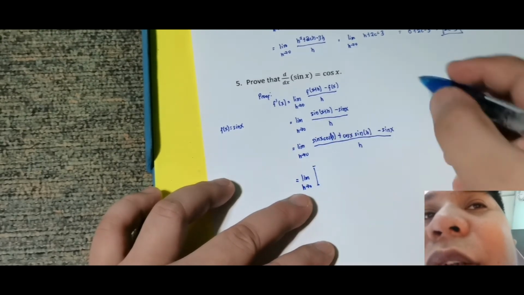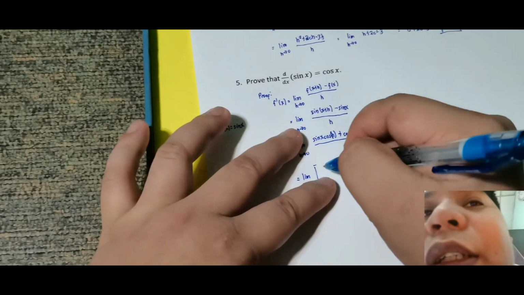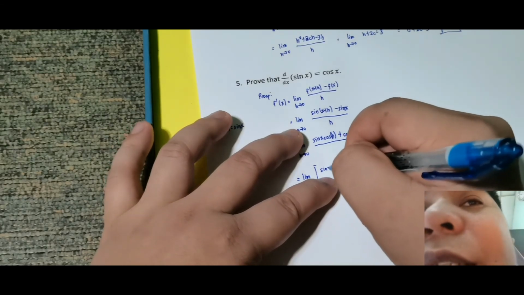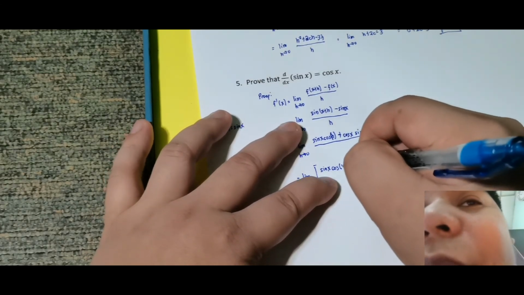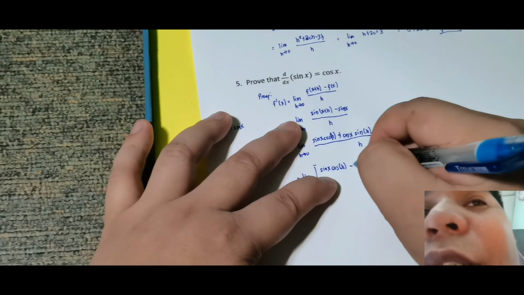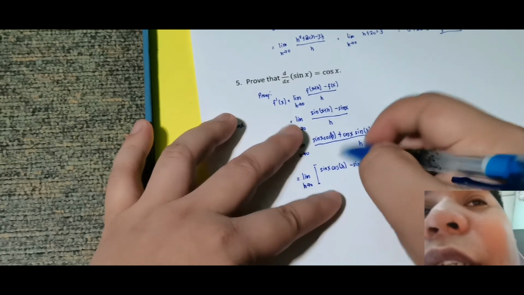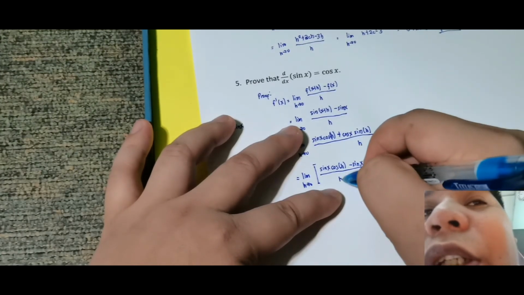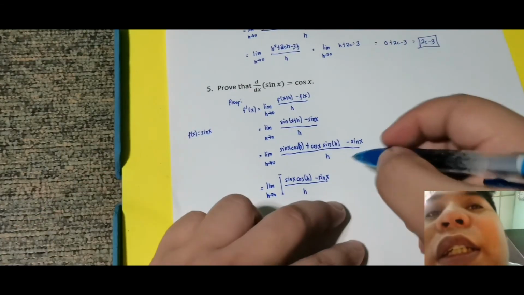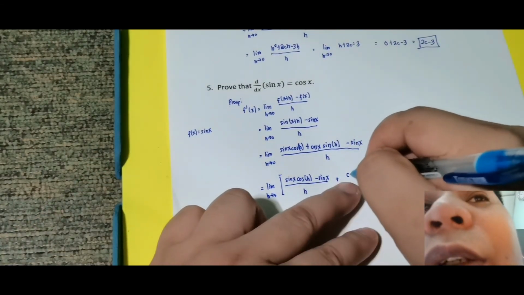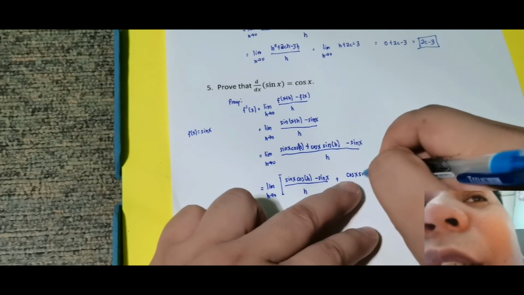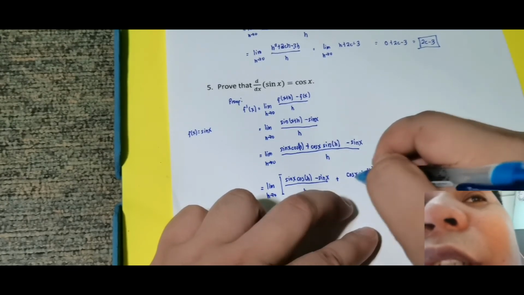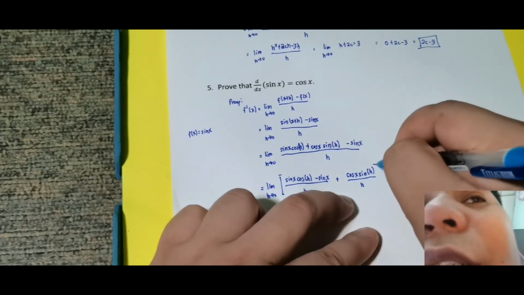This is equal sa una, sin x cosine of h minus sin x, so kinuha ko isa, all over h. Okay, next is this is plus cosine x sine of h over h.